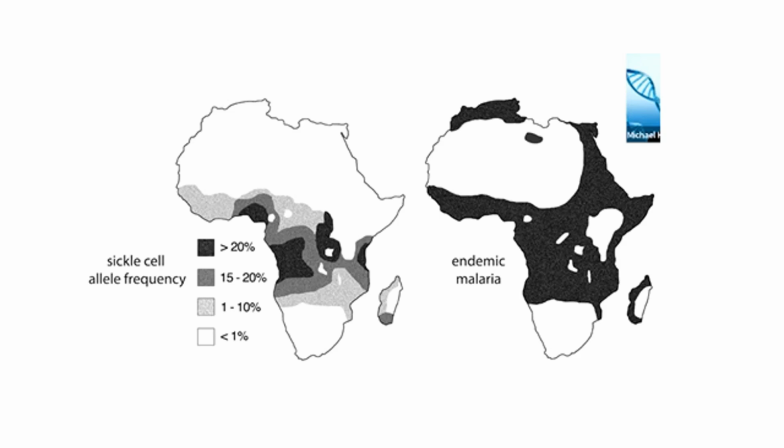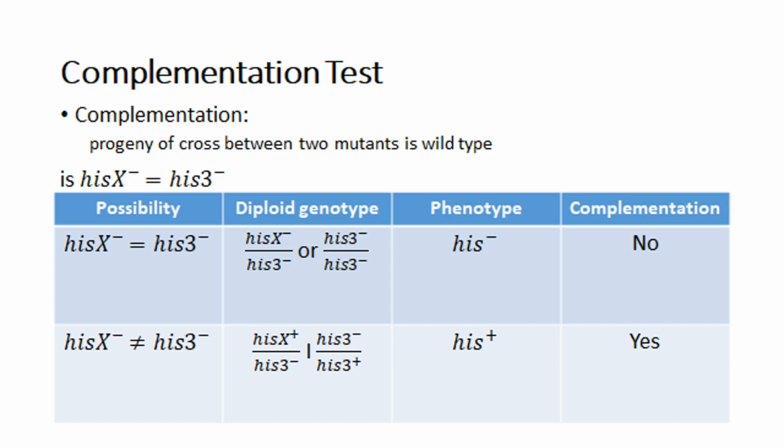Then the last concept I have to present here is the complementation test. This is an example of one of the complementation tests we can apply in the laboratory. The rule of the complementation test is that the progeny of a cross between two mutants is wild type.